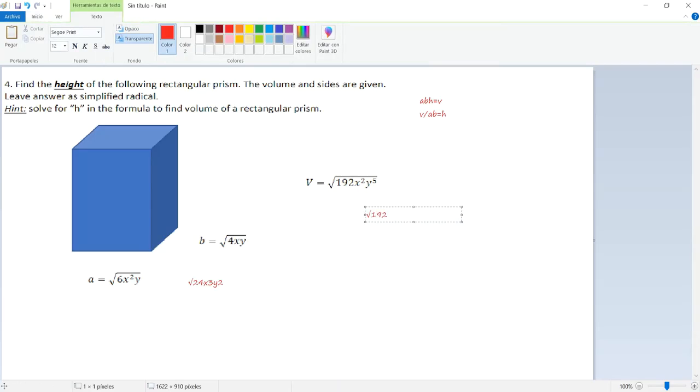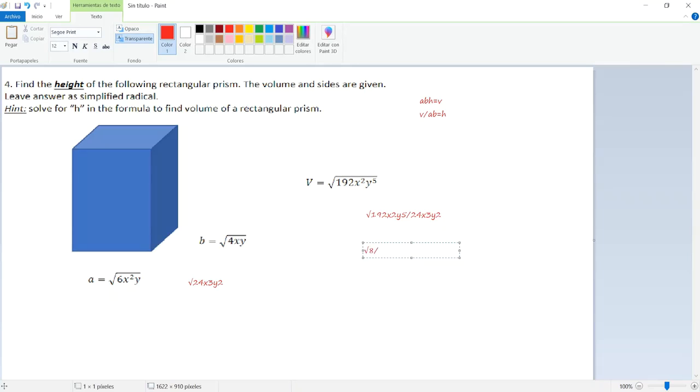So we start with 192 x² y⁵ divided by 24 x³ y². Okay, this is simple. First of all, we don't eliminate the root right now, even though we can. So we do 192 between 24 is 8, so we leave it there.